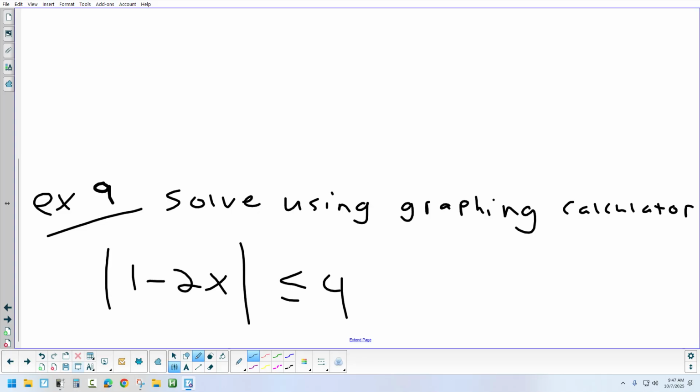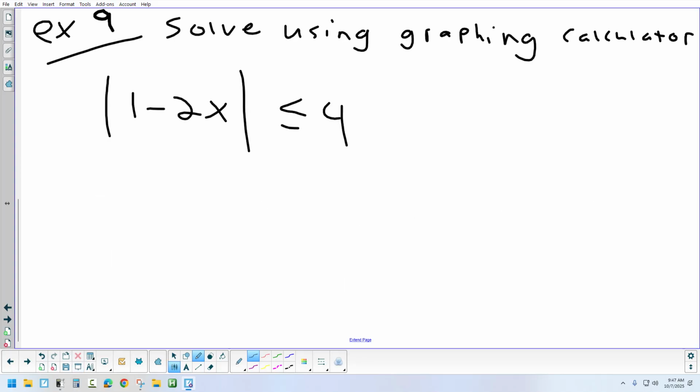My question is, what if it was flipped? How would that affect the and or or? Like if this symbol was just flipped, greater than.